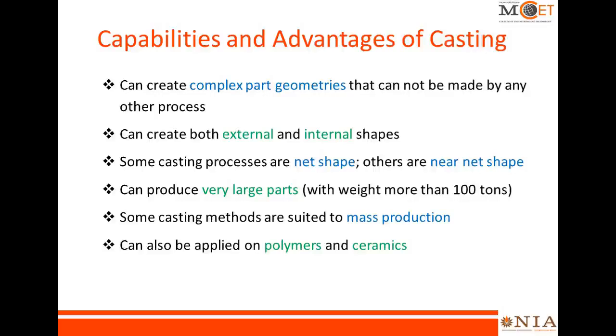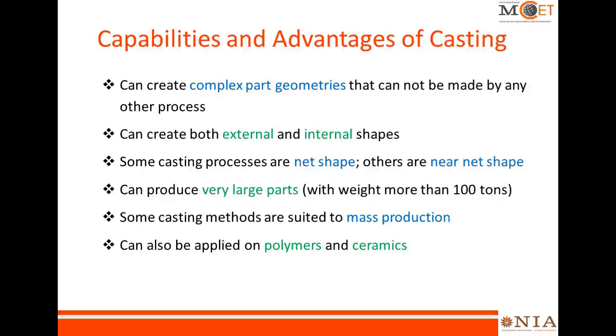And the capabilities and advantages of casting. The advantages are that it can produce complex part geometries that cannot be made by any other process, and it can create both external and internal shapes. Intricate shapes can be produced using the casting process. And almost all casting processes are near net shape processes.